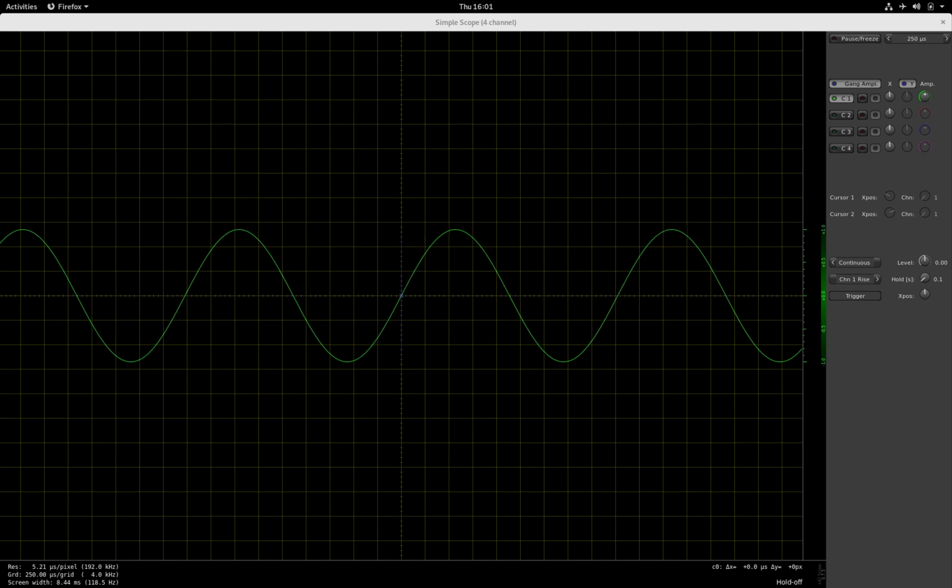And last but not least, we have a fuzz effect here. When we enable the fuzz effect, you will see that a piece of the waveform is clipped, but it's just on one side. It's asymmetric.